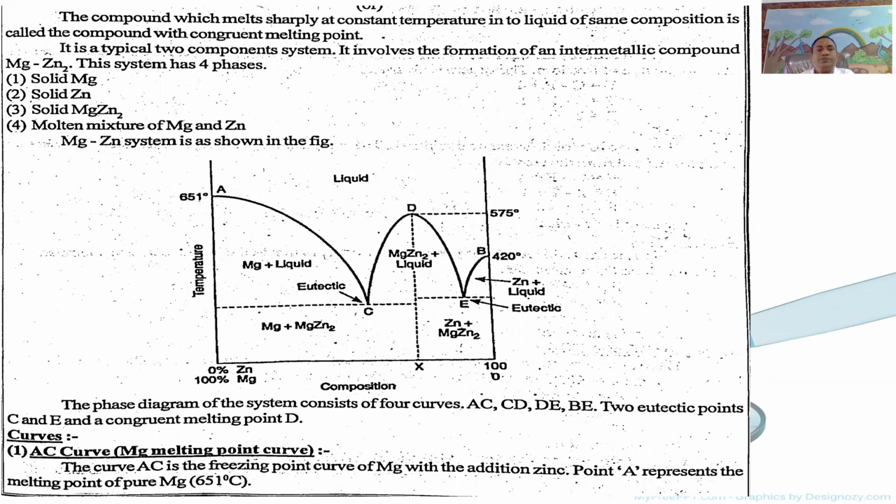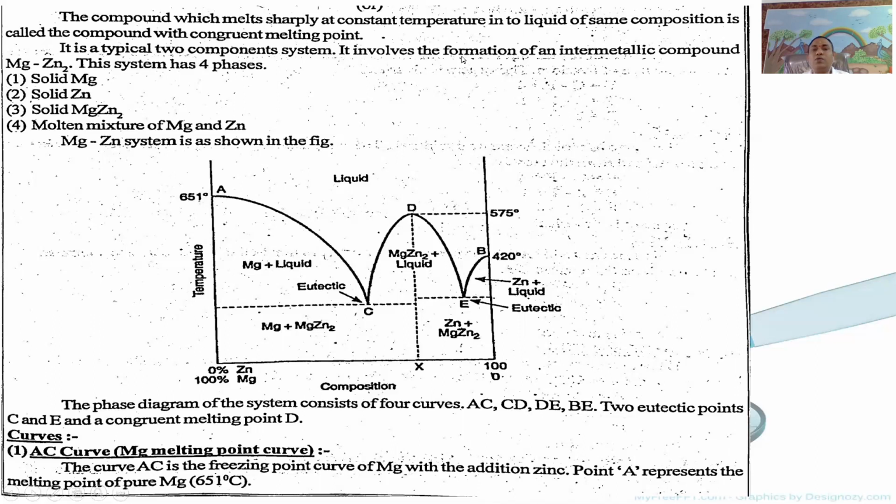The compound which melts sharply at constant temperature into a liquid of the same composition is called a compound with congruent melting point. It is a typical two-component system.